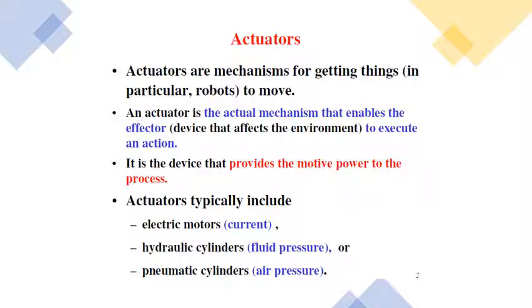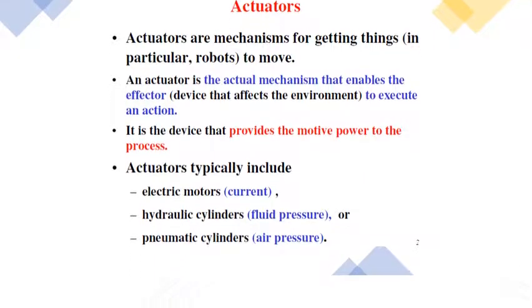So what are the actuators available in industrial robotics? They are electric motors, which use current, hydraulic cylinders, which use fluid pressure, and pneumatic cylinders, which use air pressure as an actuating mechanism to do the task.